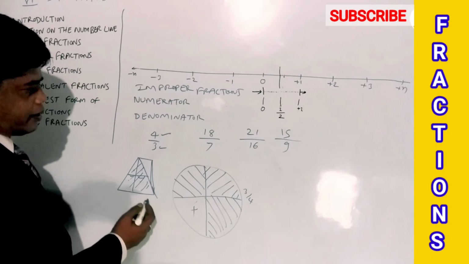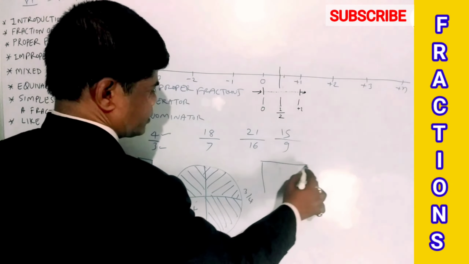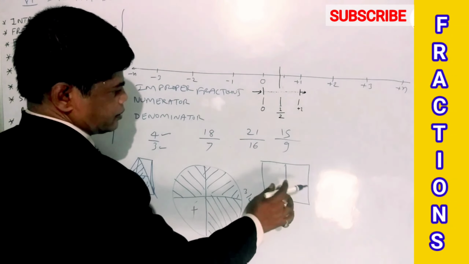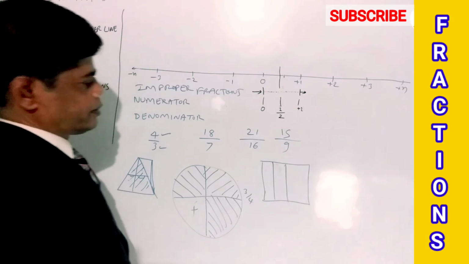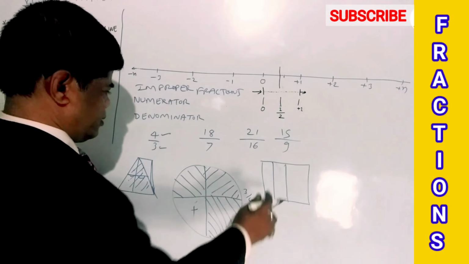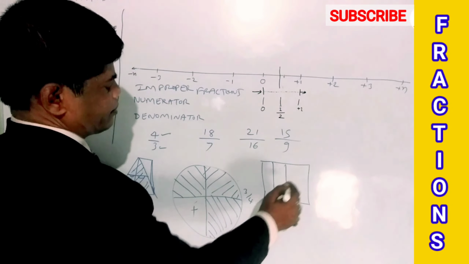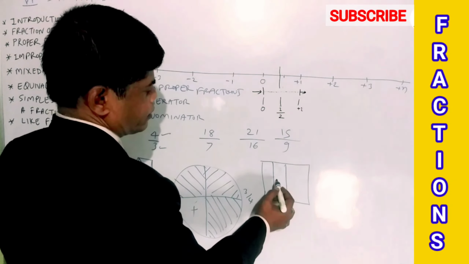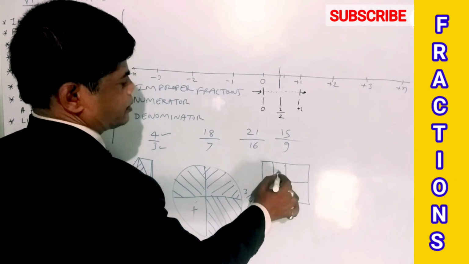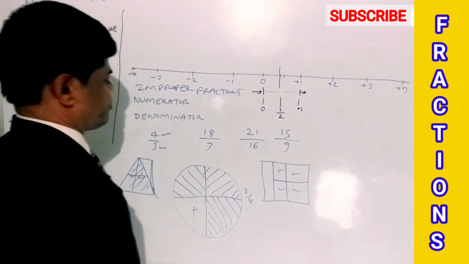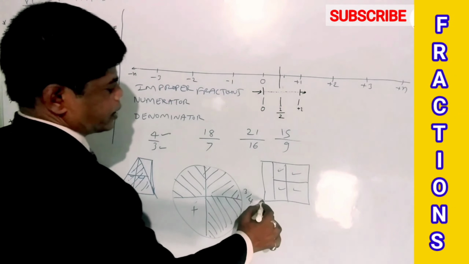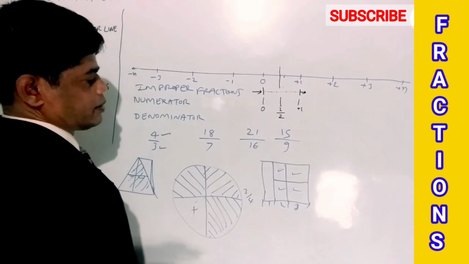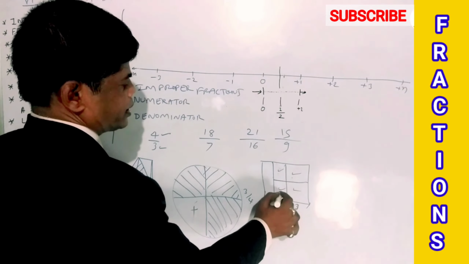This is one example we can give, and one more we can write with a box, a square. There are three boxes. We have divided this square into 3 parts. So total 3 are there, out of which you have to take 4. How is it possible to take 4? We can cut it here, and you take this one, this one, this one, this one. 4 by 3. Before, the total sheet was 3, 1, 2, 3, but you are taking 1, 2, 3, 4.